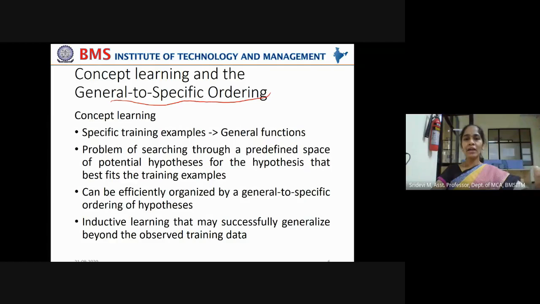Initially, we start with general assumptions. We start with lots of hypotheses. Our hypotheses are more general in that case, and slowly we try to arrive at a specific hypothesis, right? I'll explain this better with a simple example.